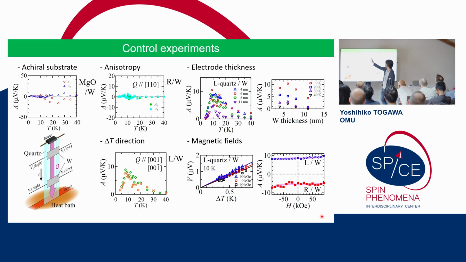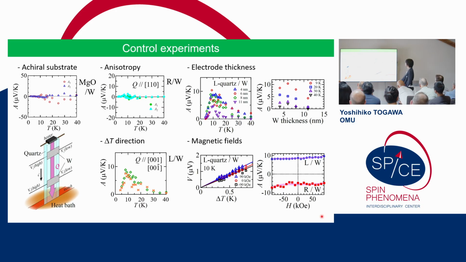We also investigated the anisotropy of the crystal direction, and it is not really an anisotropic phenomenon. Then the referee asked us to change the direction of heat flow. It's a very tough requirement, but we turned the crystal and had the same signal.